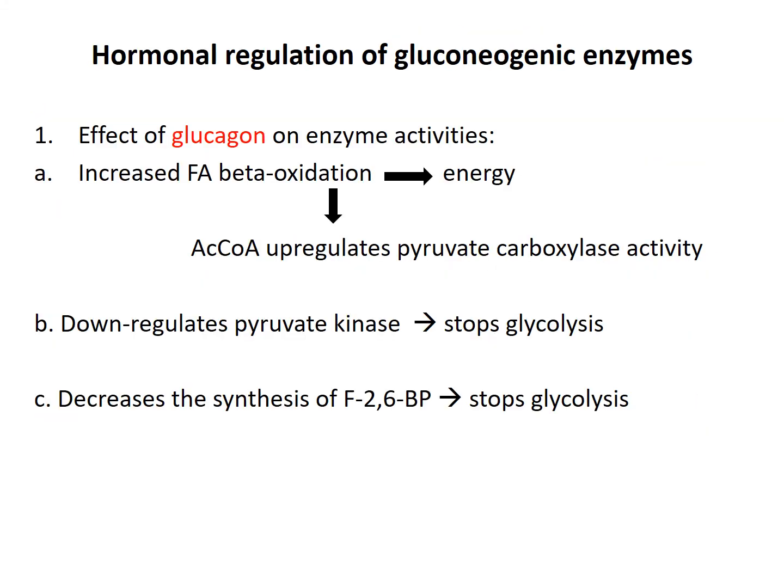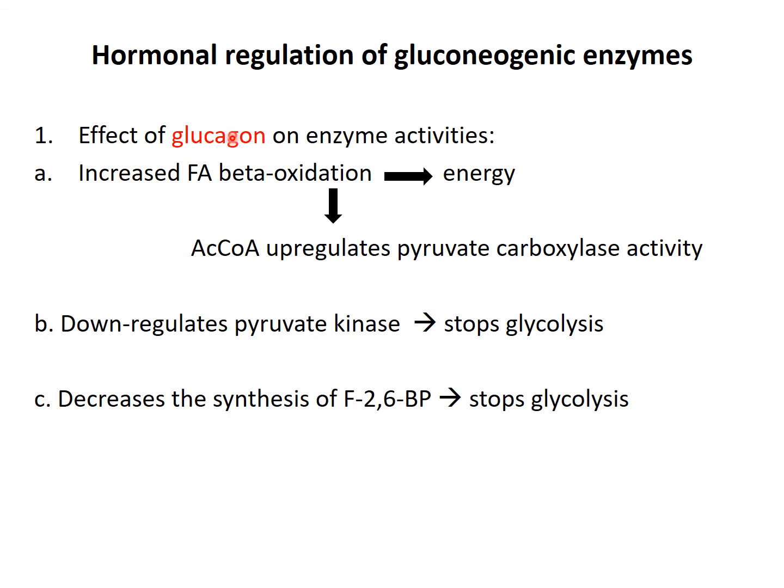How do we do the hormonal regulation? So this is a tiny little bit more complex than in glycolysis. Think about this one. Glucagon is a hormone which is released by pancreatic cells when they sense low circulating glucose level. So that must upregulate gluconeogenesis.